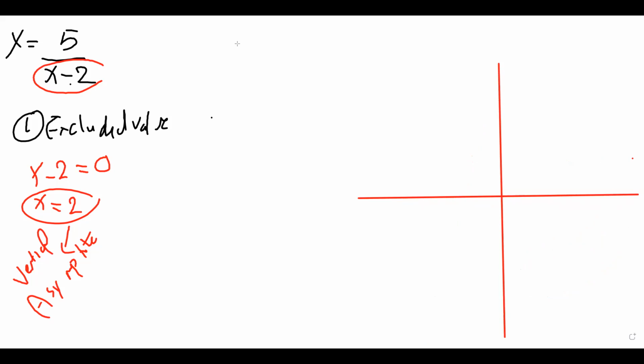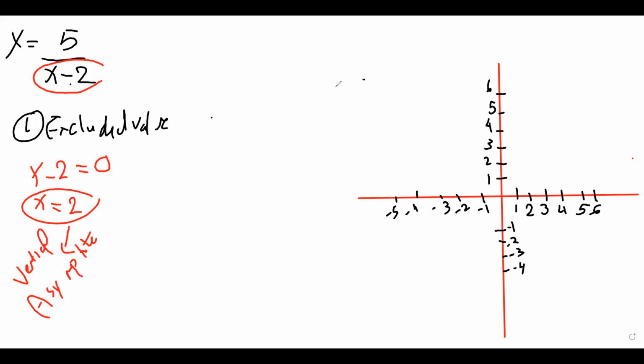So we have it as 1, 2, 3, 4, 5, and 6, negative 1, negative 2, negative 3, negative 4, negative 5, 1, 2, 3, 4, 5, and 6, negative 1, negative 2, negative 3, negative 4, negative 5, and negative 6.